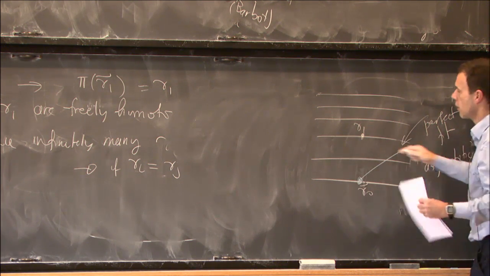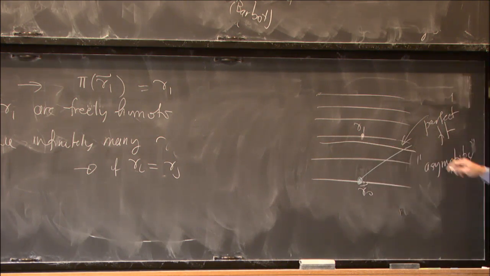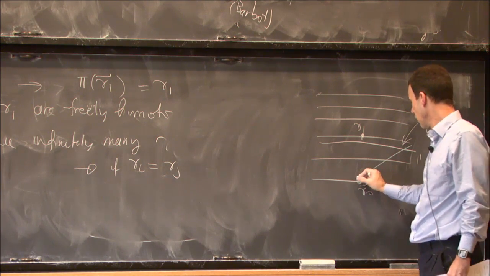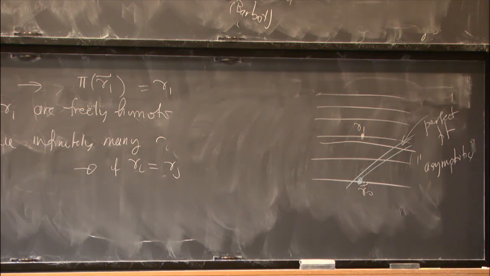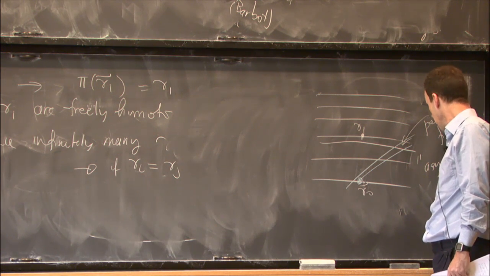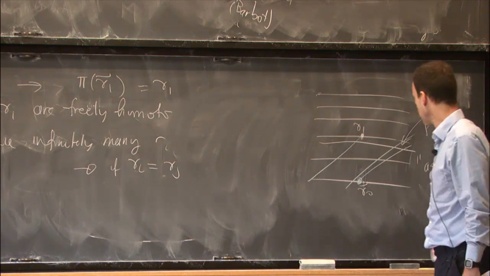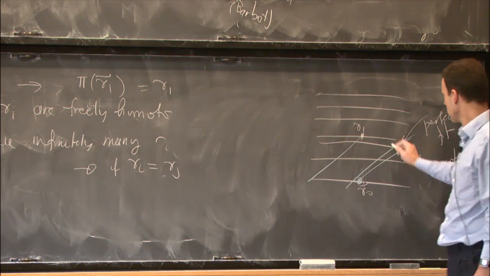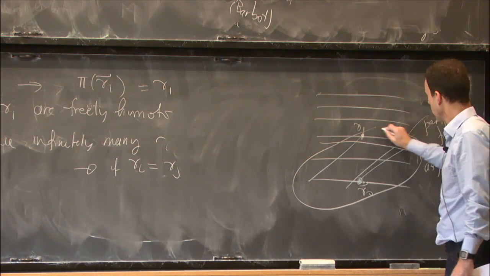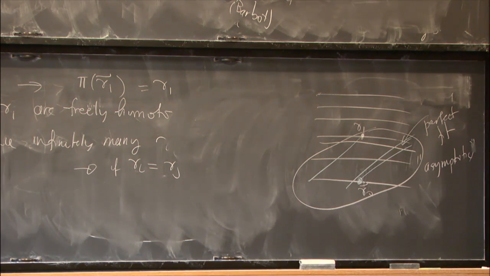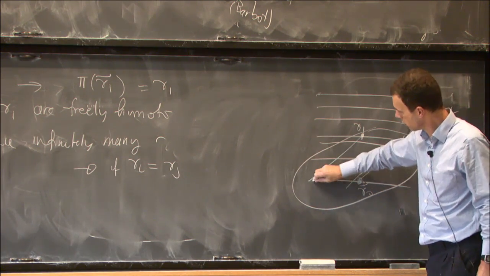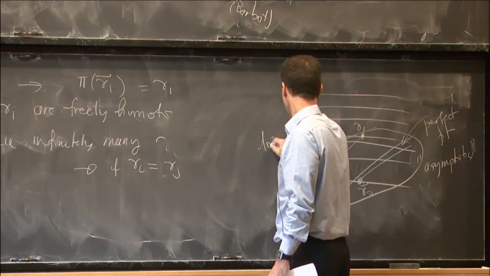If I get any other nearby stable leaf, it's going to intersect this, and same thing for the other foliation. So they don't intersect, but they almost do. And on the other side, there's a perfect fit as well. And this whole thing here, which is like a quadrilateral with two ideal points, is what's called a lozenge.